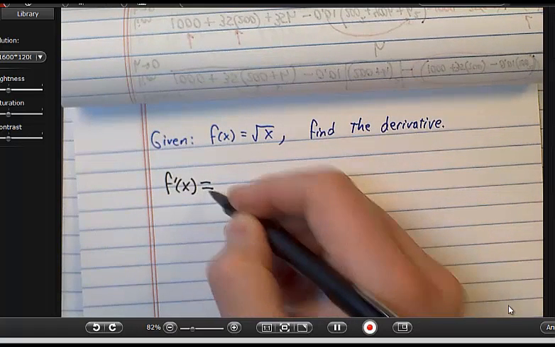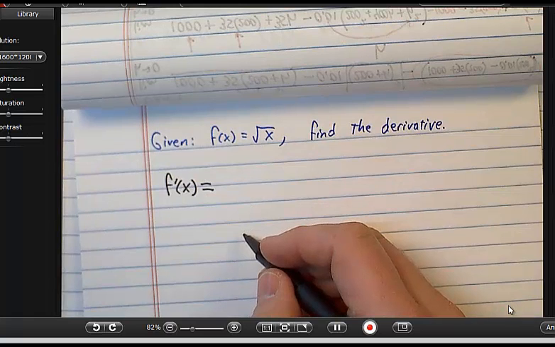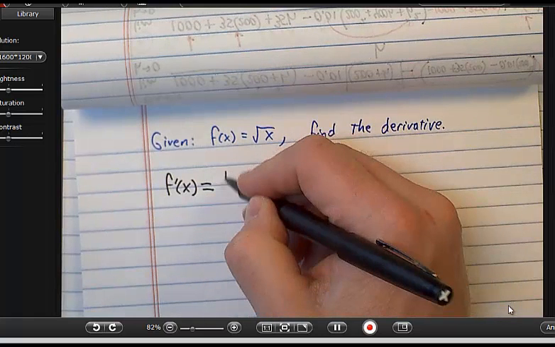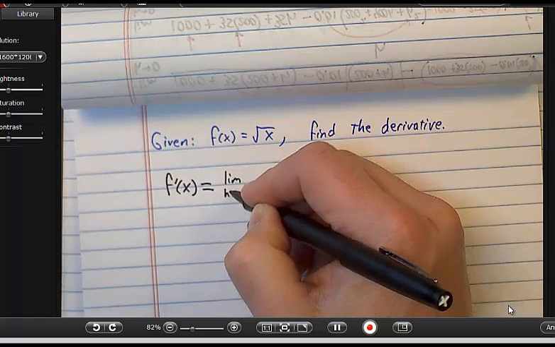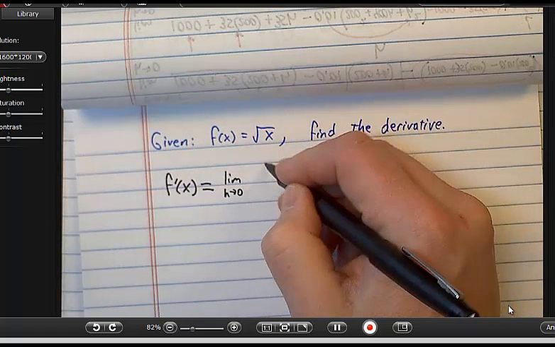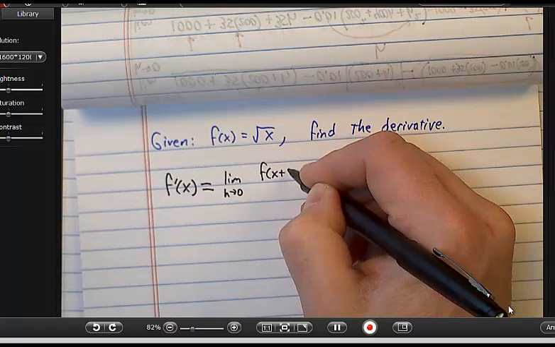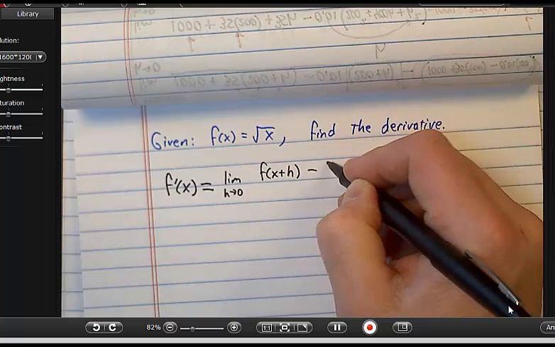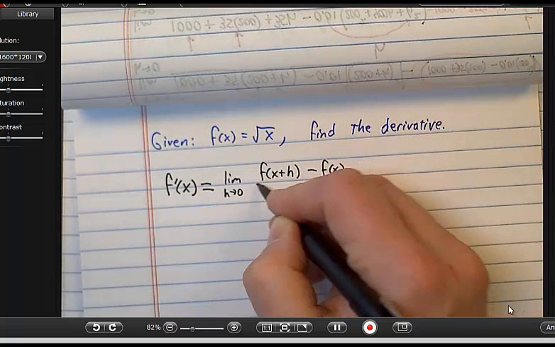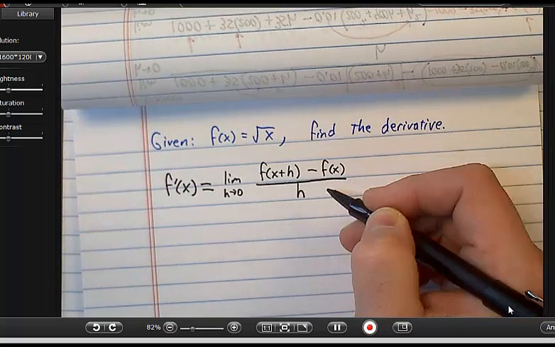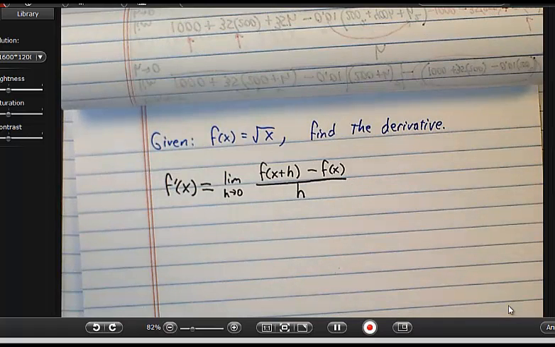F prime of x equals the limit as h approaches 0 of f of x plus h minus f of x all over h. I claim this is going to be no harder than what you just did. It's just that I don't have a number for x. I put an x there.